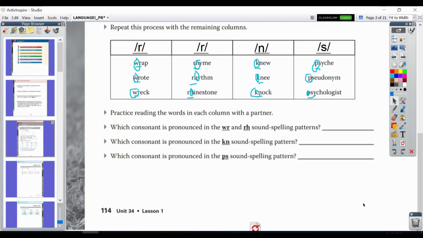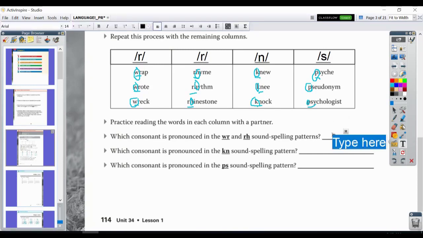Okay, let's look at the bottom. Practice reading the words in each column with a partner. Go ahead and do that now. When you're done, let's answer these questions. Which consonant is pronounced in the WR and RH sound spelling patterns? So here's our WR and the RH. The consonant we hear is R. Which consonant is pronounced in the KN sound spelling pattern?